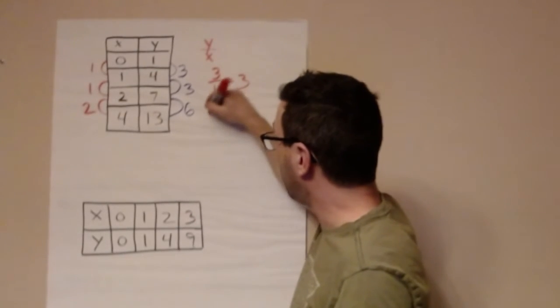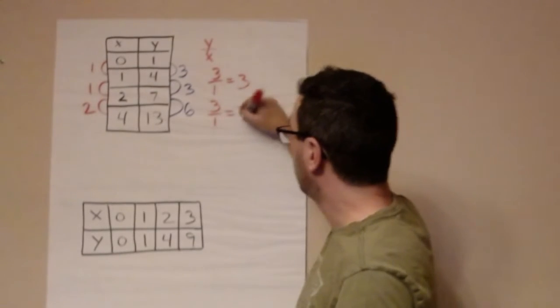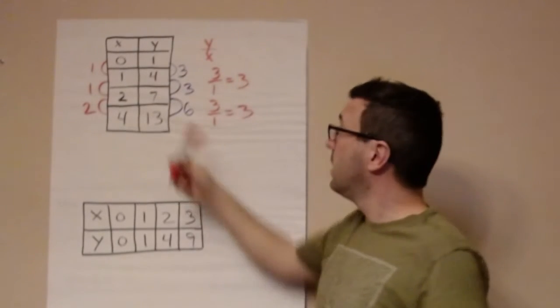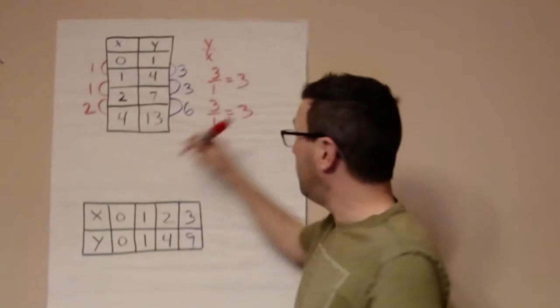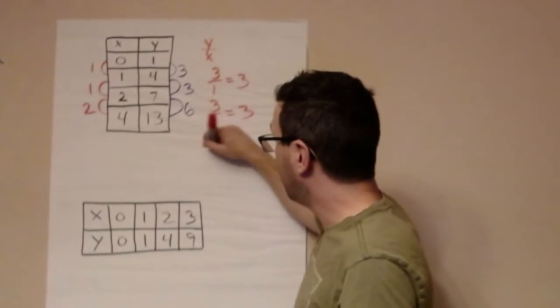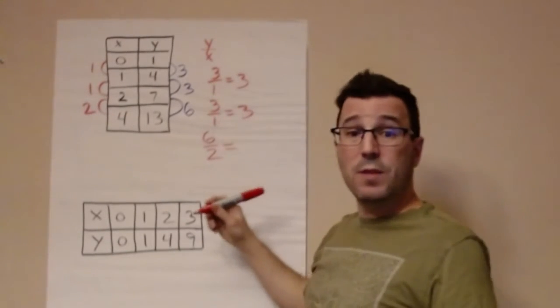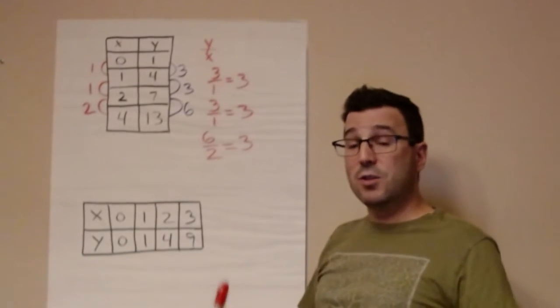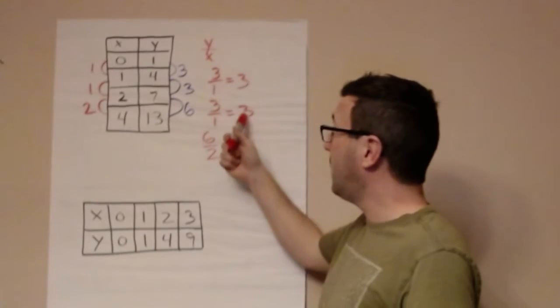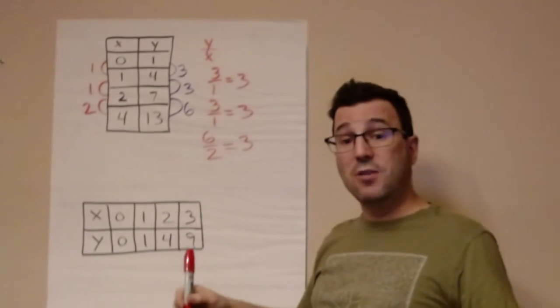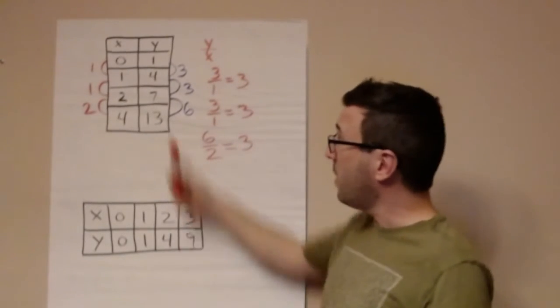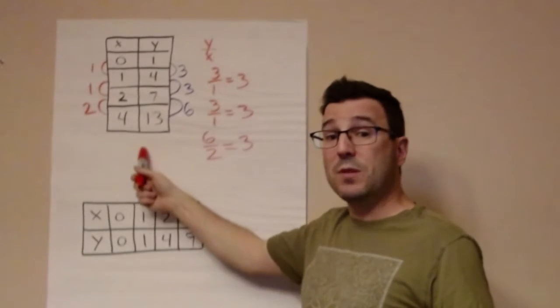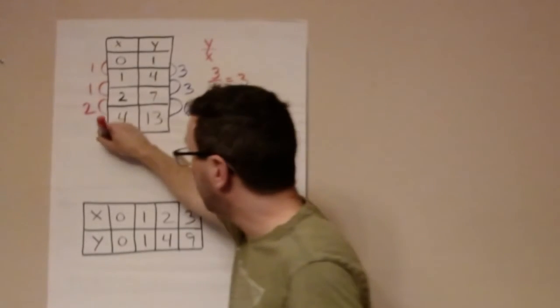Again, we have another 3 over 1, which again gives us 3. And then we have 6 over 2, which when we do that division, still gives us 3. So this is okay. I'm getting the same rate of change every single time. Therefore, this represents a linear function.